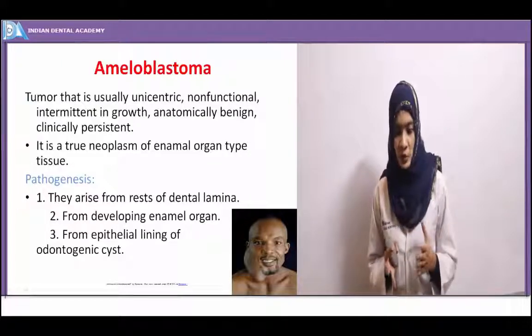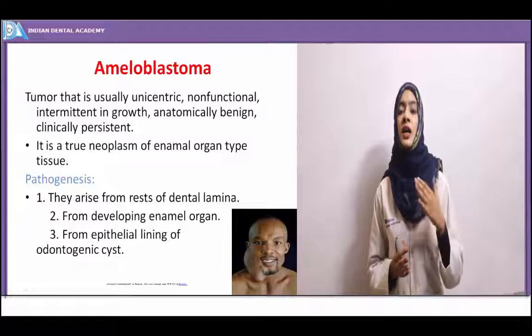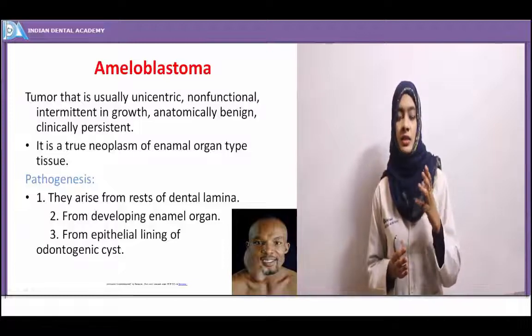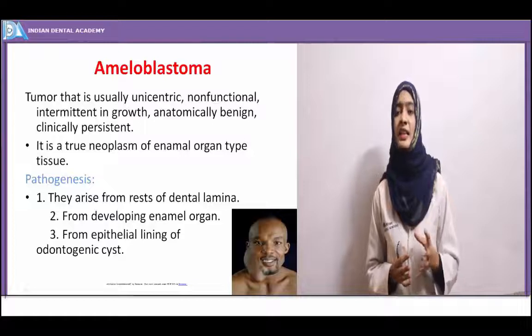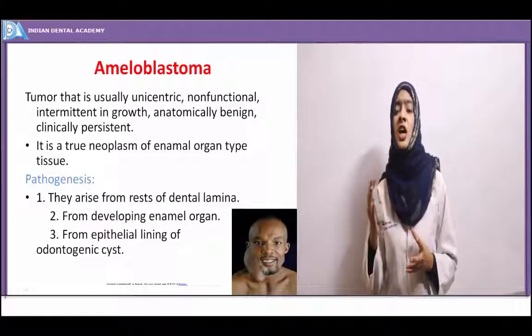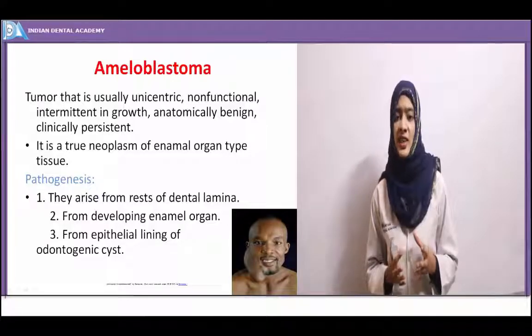Okay, ameloblastoma. Ameloblastoma is a benign neoplasm. Despite being benign, it shows the characteristic clinical presentation of extensive growth and proliferation of the tissues, which is very devastating.